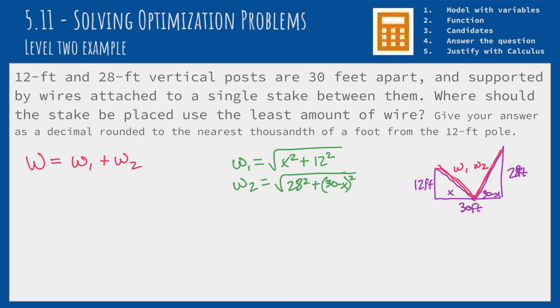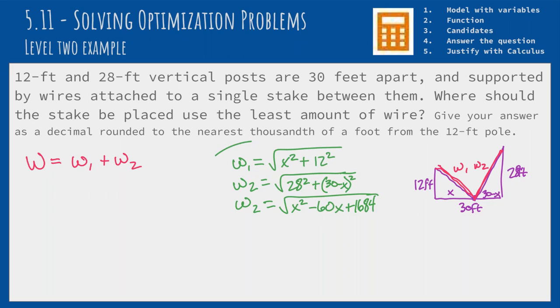And for the purpose of just keeping things as simple as we can, I'm going to expand this and combine like terms and multiply out the 28 squared. So W2 is going to equal, doing all of that, x squared minus 60x, then a plus 900 and a plus 784. So that's going to give us plus 1684.